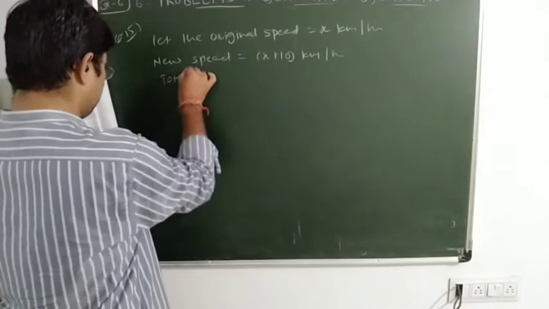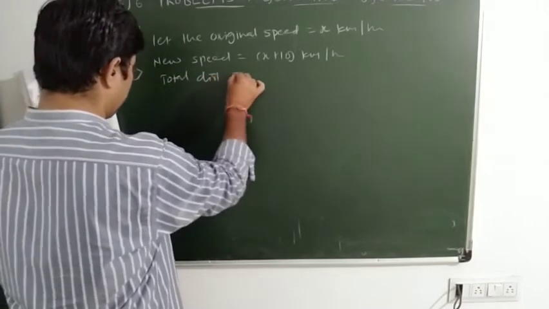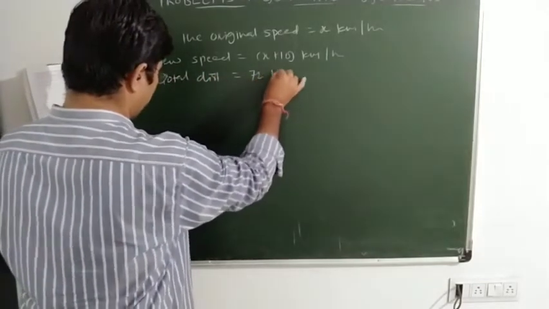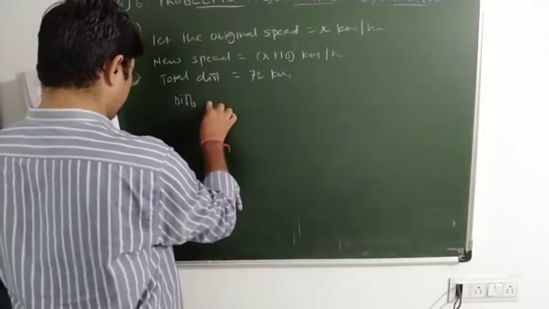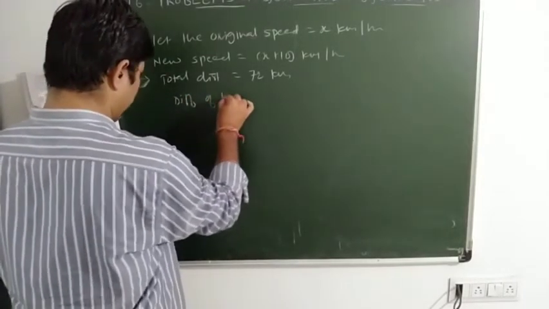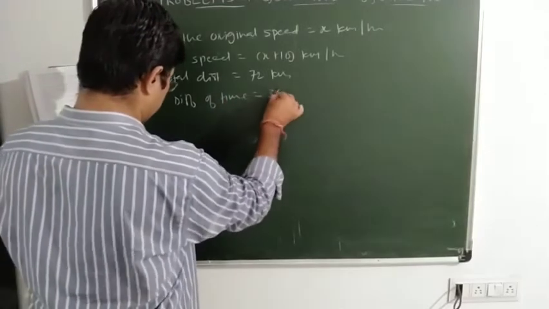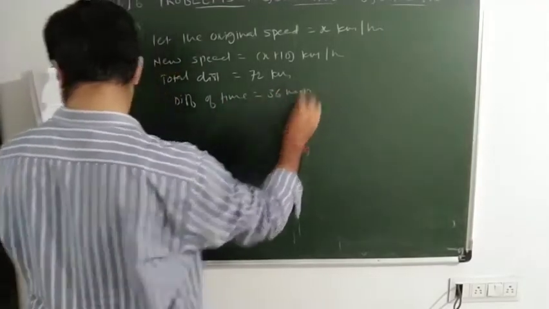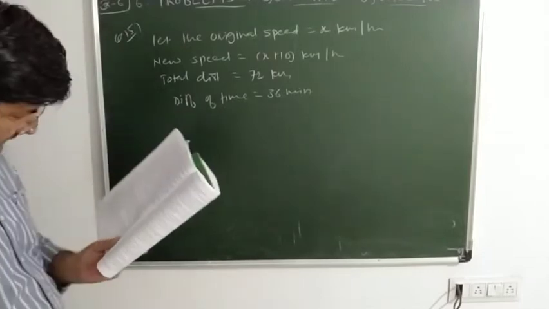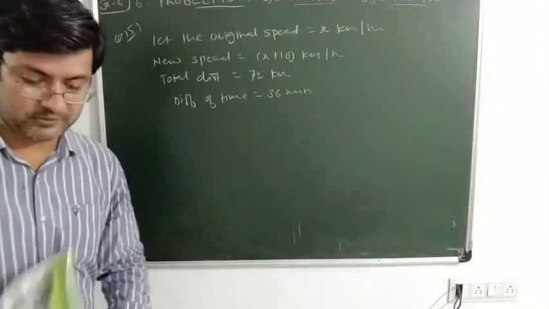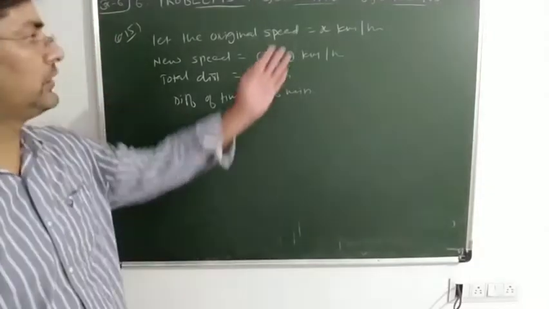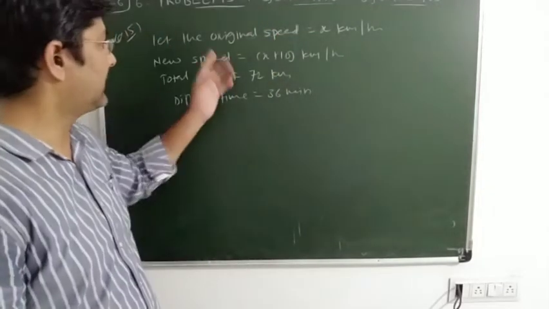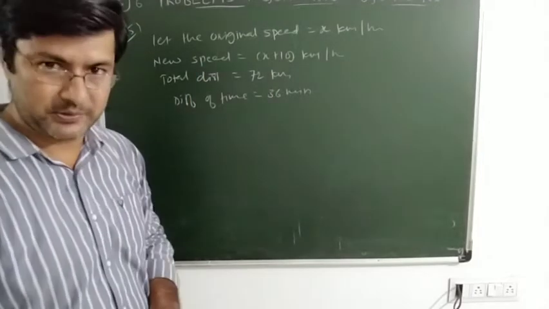Total distance is given, 72 km, and the difference of time is 36 minutes. Yes or no? What is 36? It is the difference between the two times taken: time taken at a speed of x km per hour and time taken at a speed of x plus 10 km per hour.